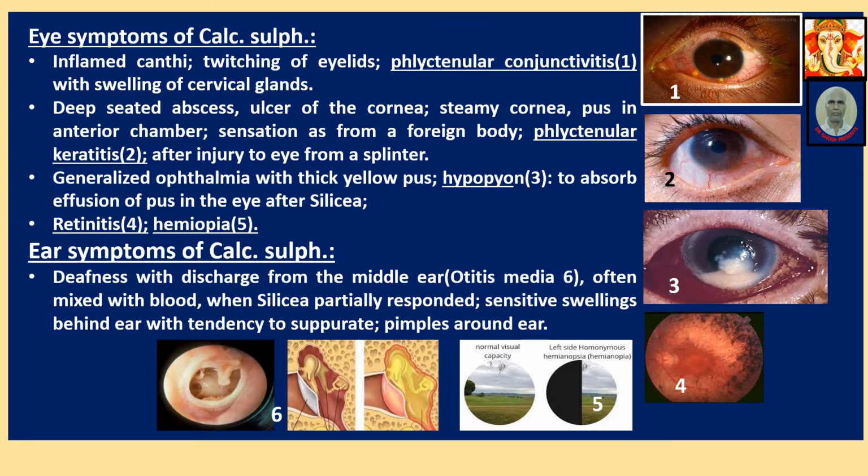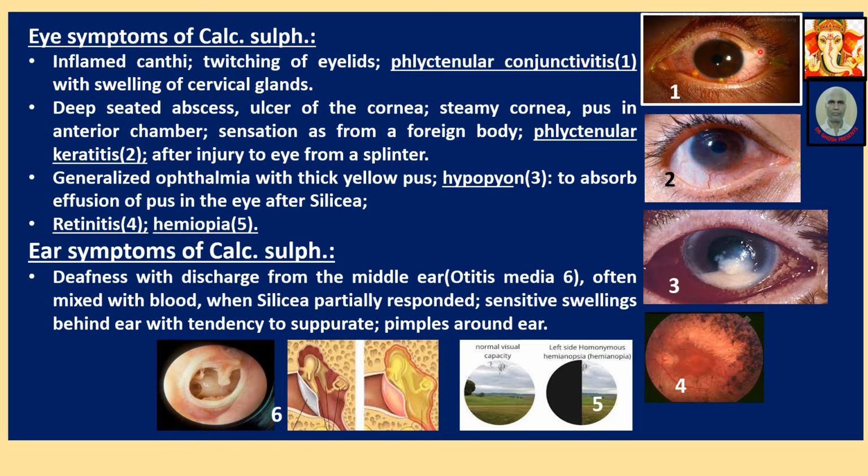Eye symptoms of Calcarea Sulph. Inflamed canthi. What is canthi? Canthi is the angular portion of both ends of the eye, where eyelids meet. Outer canthi, inner canthi. Twitching of eyelids. Phlyctenular conjunctivitis.